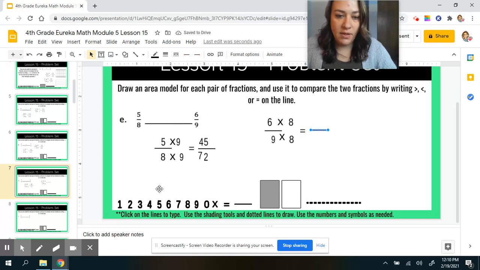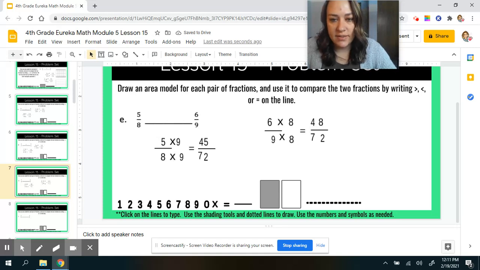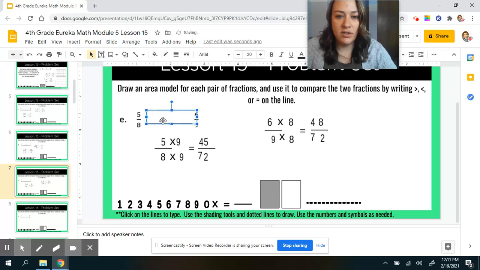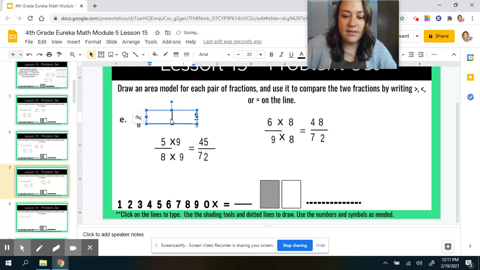So 6 times 8 we know is 48. 9 times 8 gave us 72. So now we can compare. So 6/9 is equal to 48/72. 5/8 is equal to 45/72. So then that means that 6/9 is larger than 5/8.